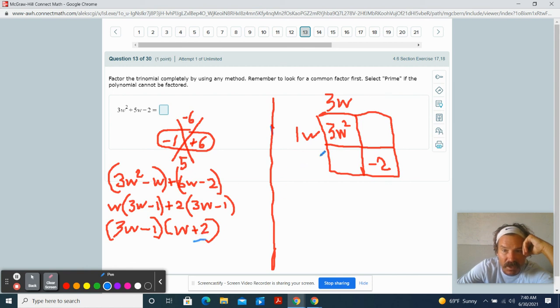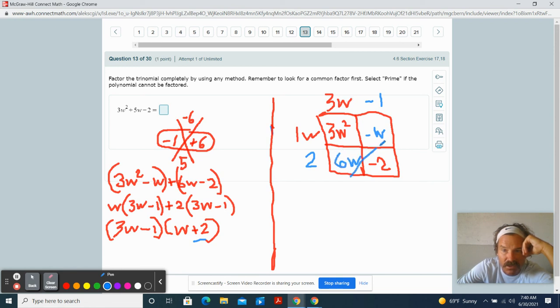I know this is going to be a 2, and I know this is going to be a negative 1. To check, you would go negative 1 times 1w, so that's negative w. And this is going to be 2 times 3w, that's going to be 6w.